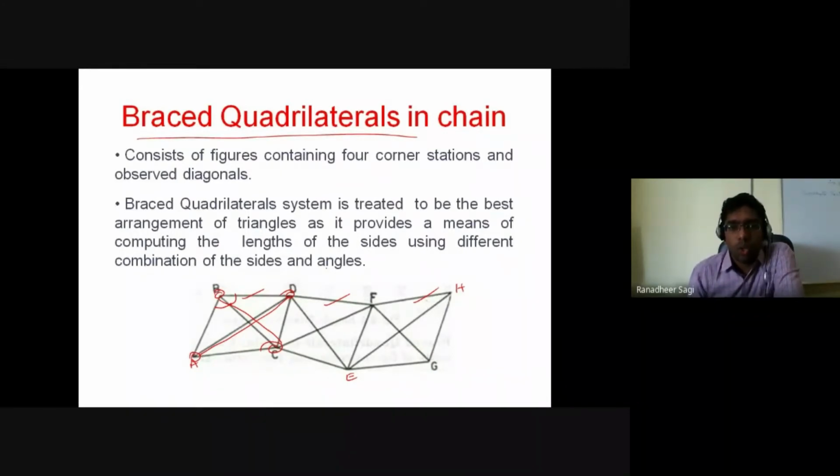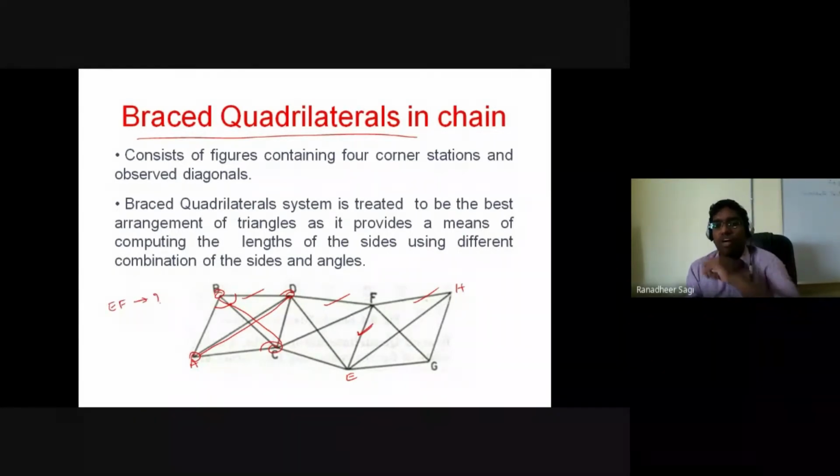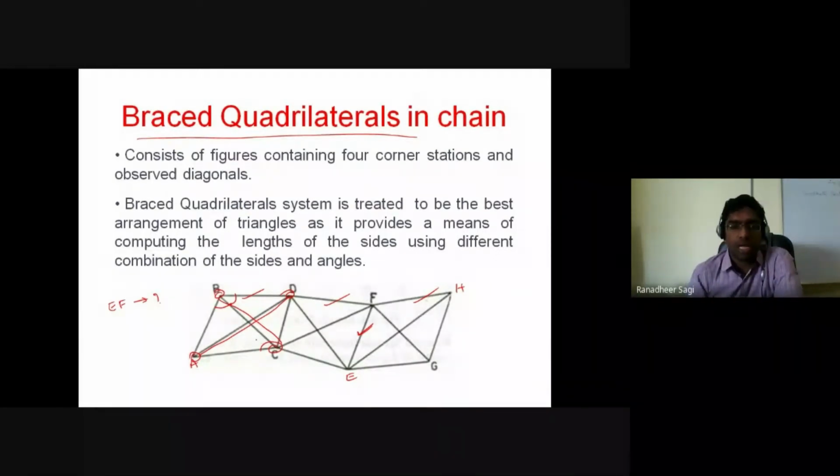Now let's look at, if I want to find out the length of this member EF, how can I find it out? All the internal angles, wherever you wanted, every internal angle is known to us. All these internal angles are known to us.